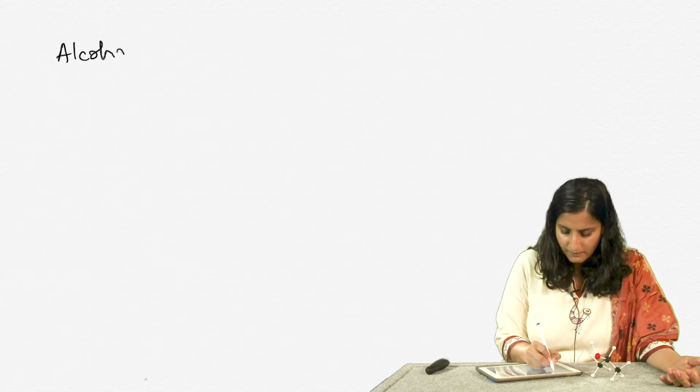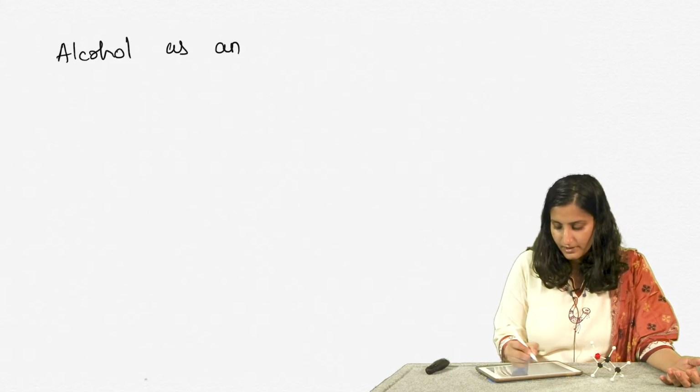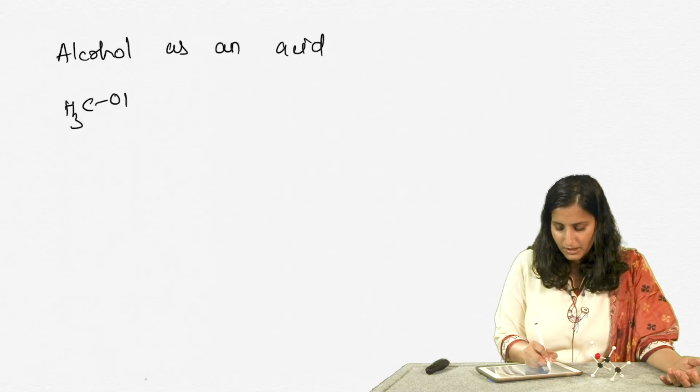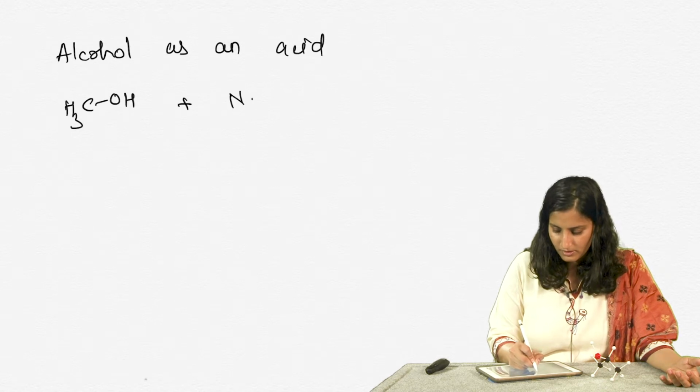When it comes to the chemical properties of alcohols, remember that alcohols can function as both weak acids, which are proton donors, and also weak bases, which are proton acceptors. We have in fact looked at various reactions of alcohols before, and one of the reactions where alcohol is functioning as an acid is when I react methanol with sodium amide.